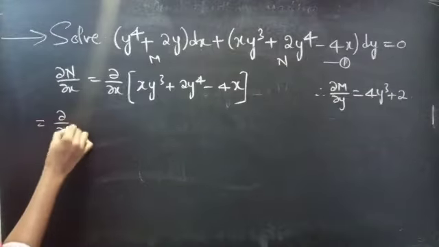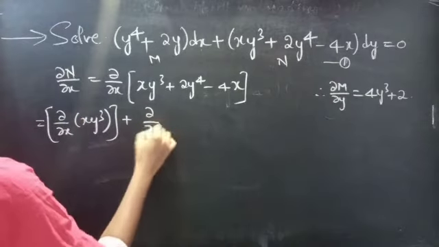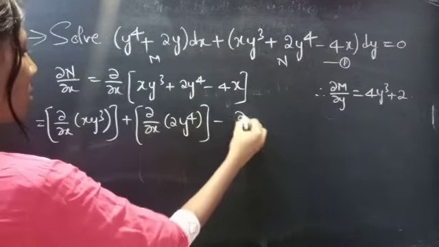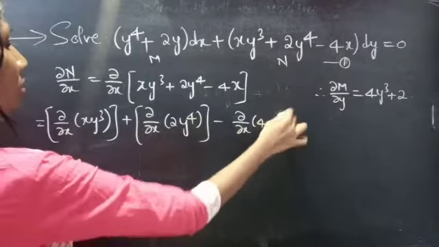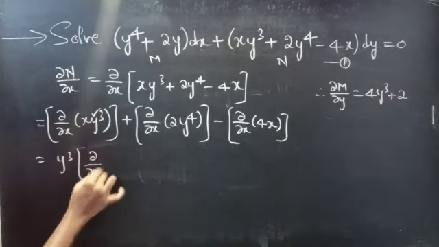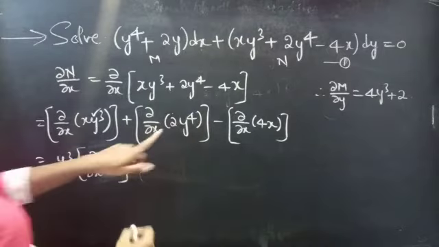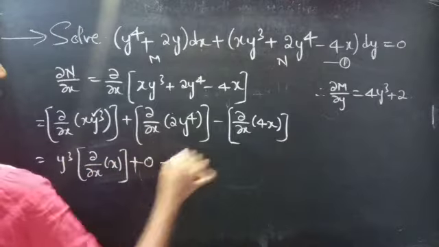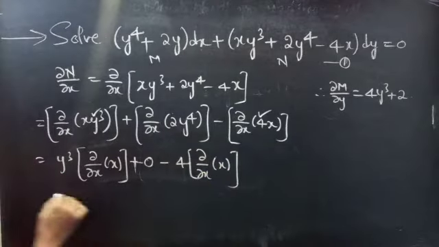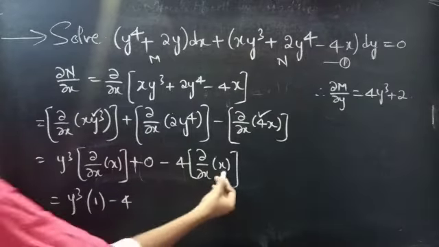It is the partial derivative of the first term plus the second term minus the third term, which is constant times partial derivative of x with respect to x, plus, since 2y^4 is constant, its partial derivative with respect to x is 0, minus constant times partial derivative of x with respect to x.